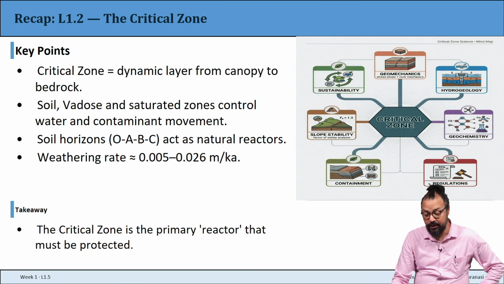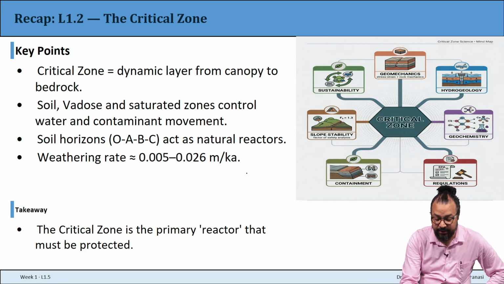Next, the critical zone is the skin of the earth, ranging from 10, 20, 30, in some region up to 100, 150 meters. This is the region starting from the top of vegetation canopy.